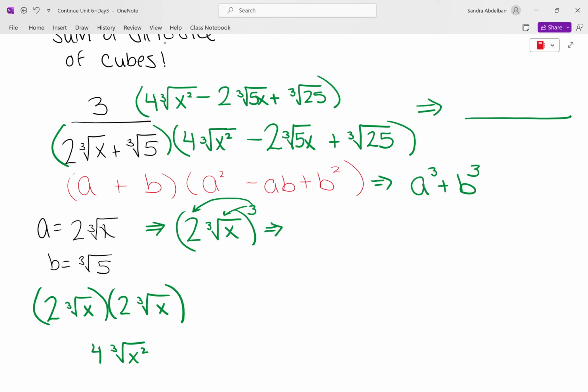Well, 2 raised to the third power is 8. What's the cubed root of x raised to the third power? Just x. Good. So now we're going to have 8x. And now I'm going to take my b and raise it to the third power. When we take the cubed root of 5 raised to the third power, we're just going to get 5.